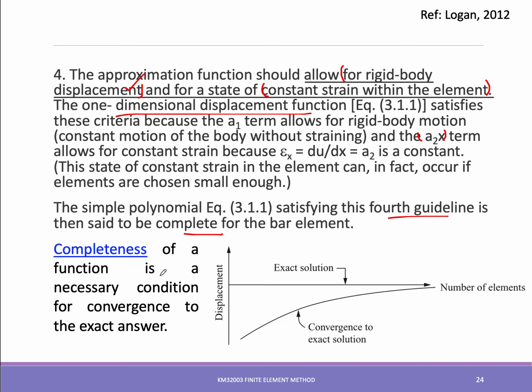So this completeness of functions is very important to ensure that our answer will converge to the exact answer. Without this kind of freedom, the solutions later on may not be able to converge to the right or the correct exact answer. So this is very important, right?